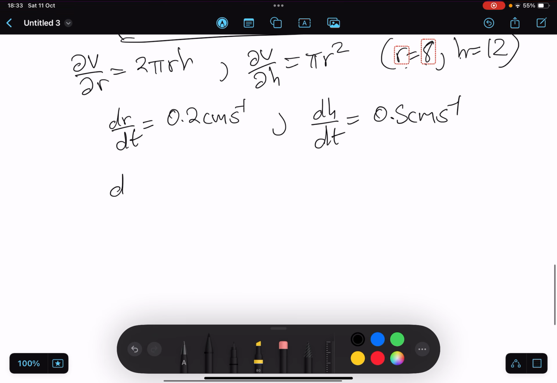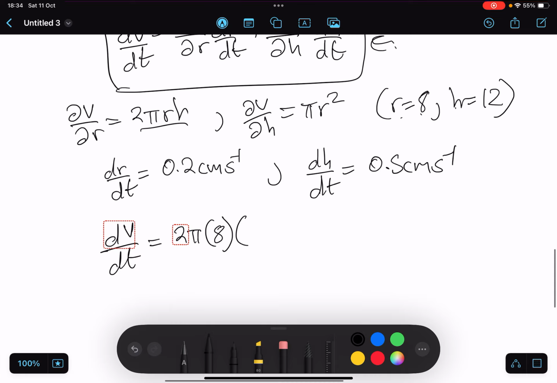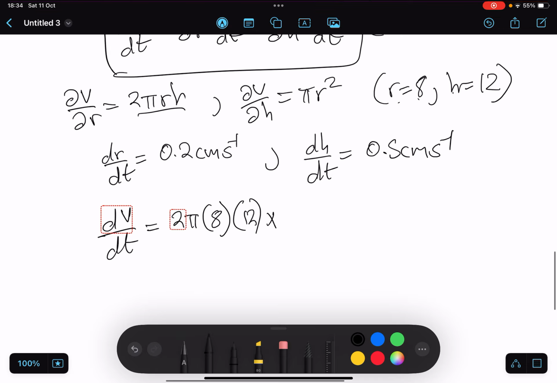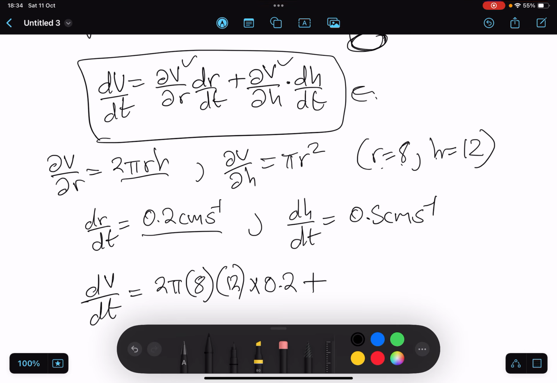So dV dt is going to be what? Del V del R is what? We found that del V del R was 2 pi R H. What is R? R is 8. What is H? H is 12, right? And then times dR dt. dR dt is what? It's 0.2 plus del V del H is what?